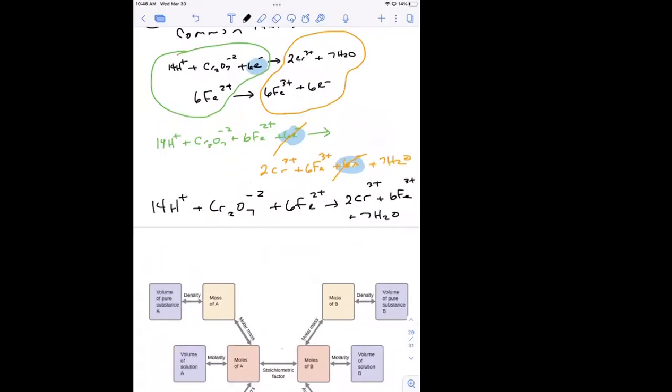That's the final redox reaction. It's a lot of steps. I know that, but if you can do this, you can do anything, and you can do it. It's just practice and reps.